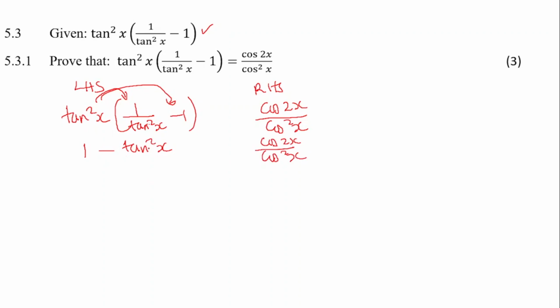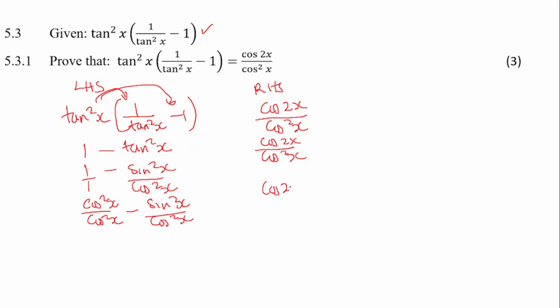Right, tan squared x is just same as sine squared x over cos squared x. Okay, right, this will be like cos squared x over 1, so that the denominators are the same. Cos squared x over cos squared x minus sine squared x over cos squared x. Right, this side we have cos 2x over cos squared x.